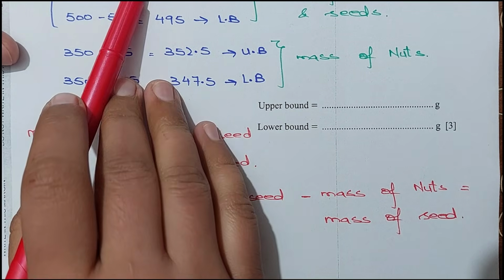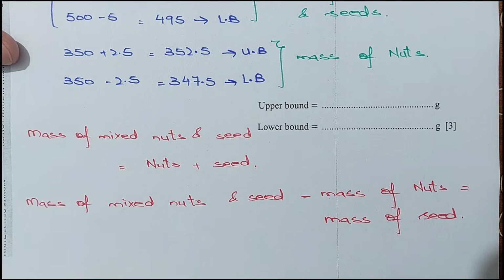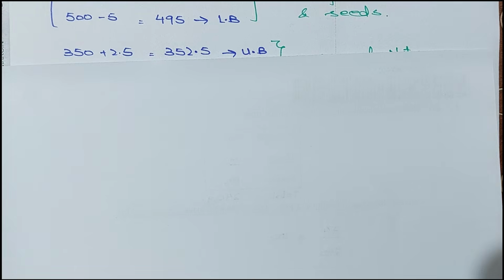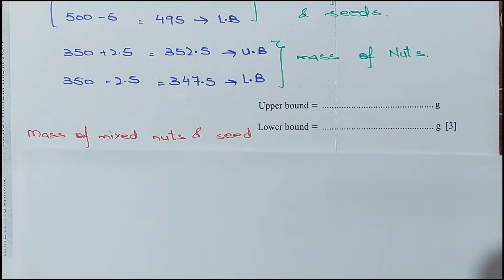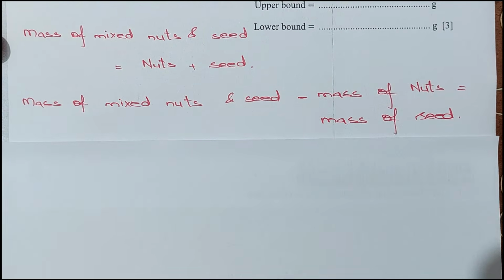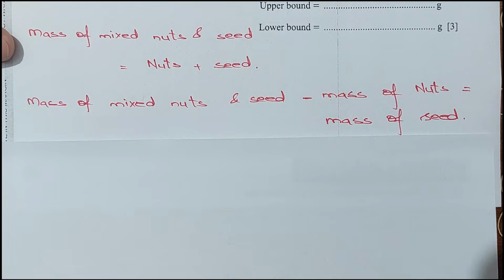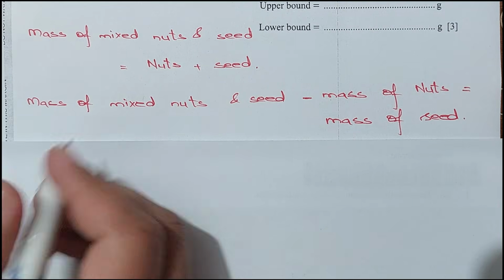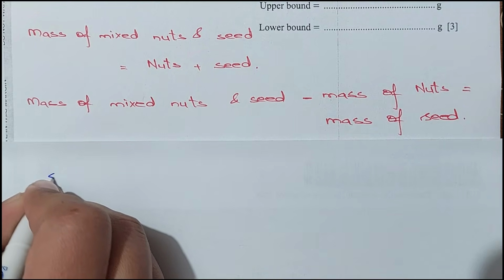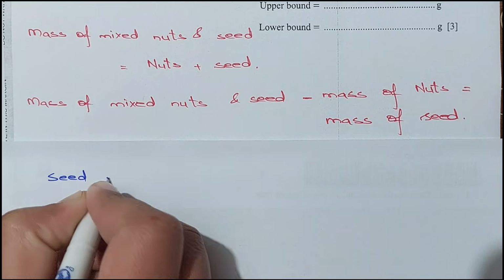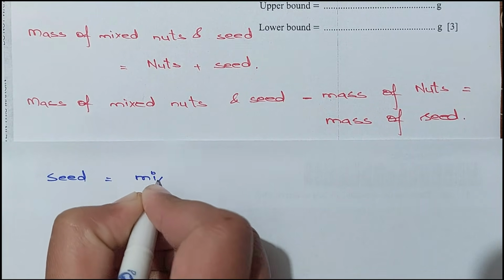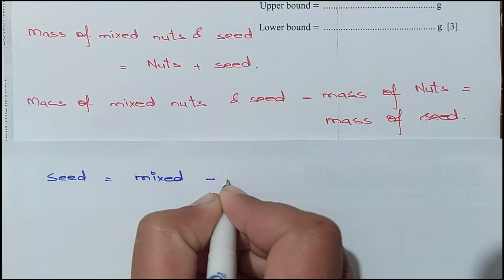So we have to find the upper and the lower bound. It is a subtraction. So whenever we have a difference, how can we find out? Let me show you guys. Let me use a different sheet of paper for this. Whenever we are working with the upper and the lower bounds in a difference, the mass of seeds equals the mixed minus nuts.